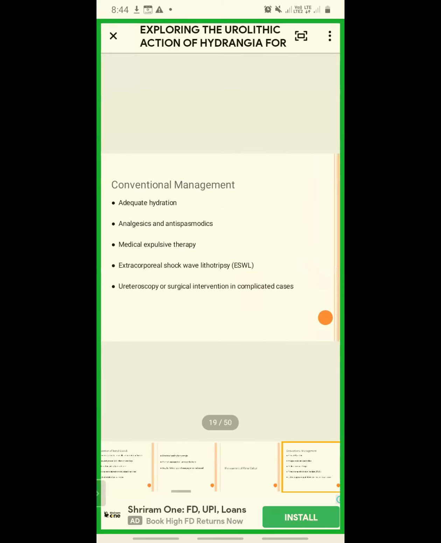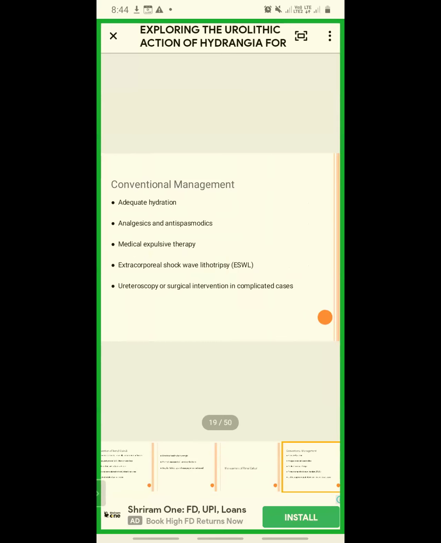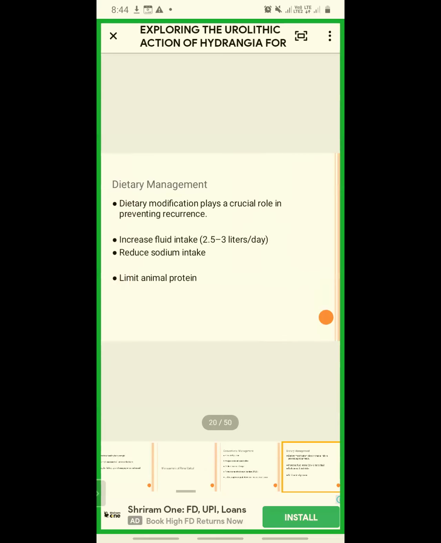First, management of calculi can be divided into three. First one is the conventional management. The conventional management includes adequate hydration, analgesic and antispasmodic medicines, medical expulsive therapy, and ESWL, that is extracorporeal shock wave lithotripsy, then ureteroscopy or surgical intervention in complicated cases.